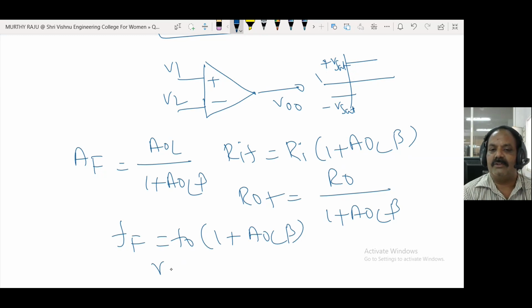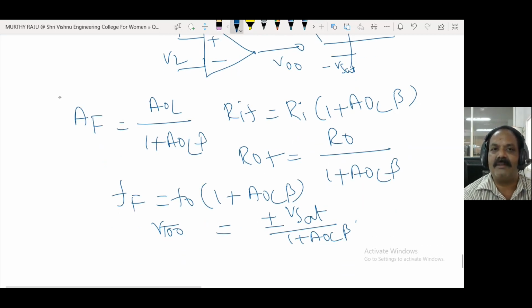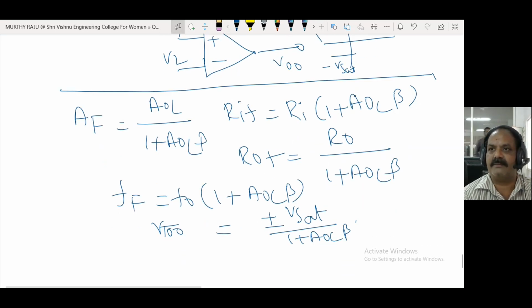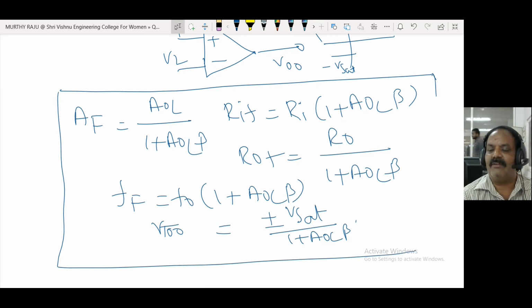And finally, total output offset voltage is equal to plus or minus Vsat by 1 plus AOL into beta. These are the performance analysis parameters of the non-inverting operational amplifier with negative feedback. With this, the total analysis is complete.